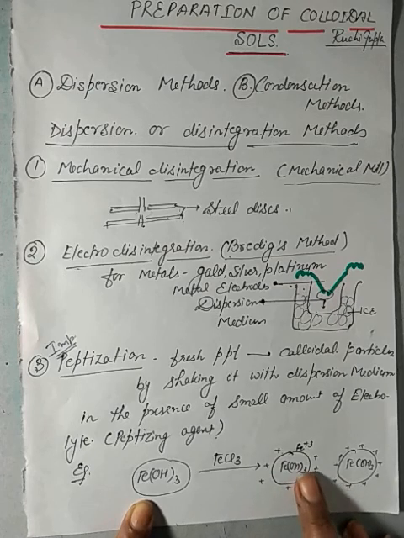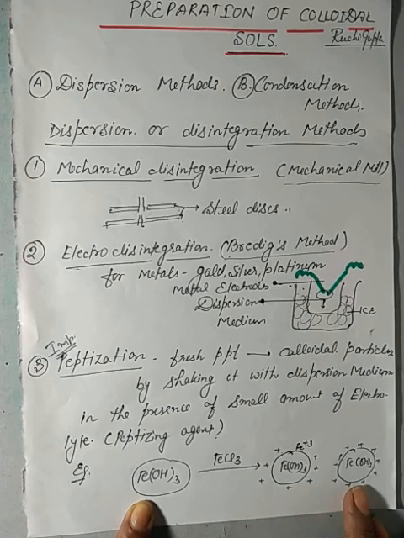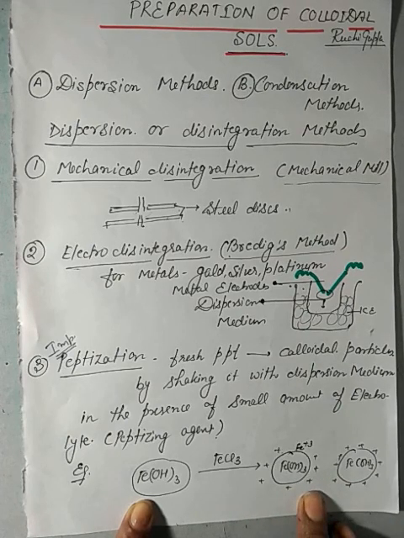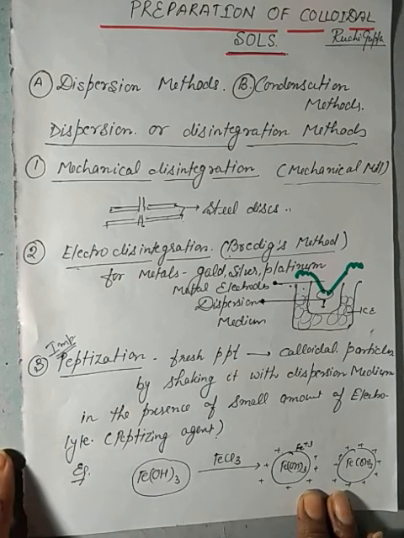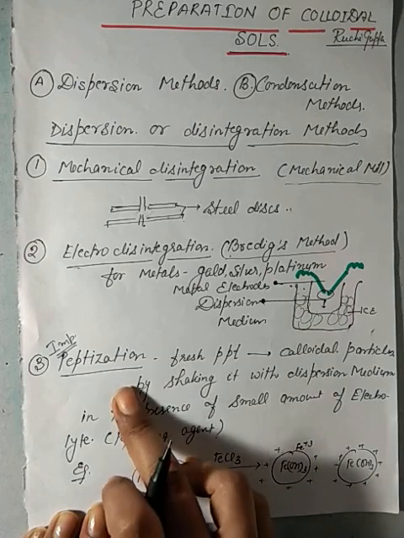Due to the presence of the same charge on all the particles, they repel each other and the precipitate converts to colloidal particles or colloidal sol. So it is called peptization.